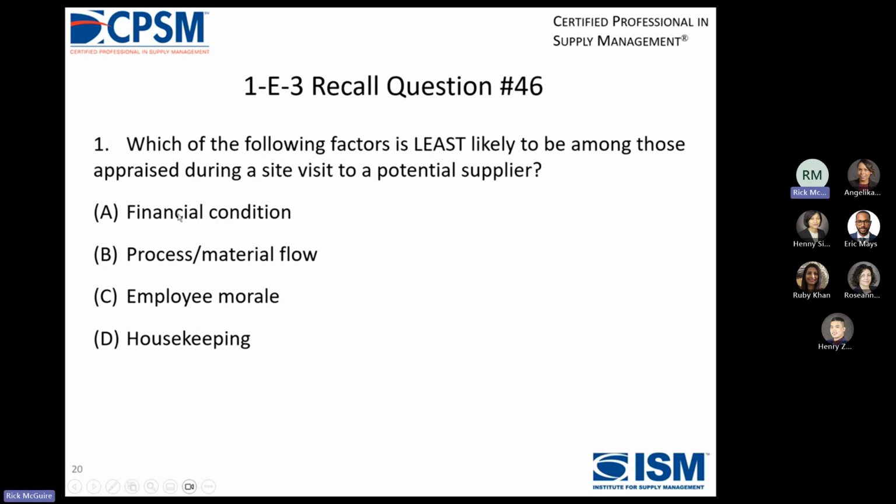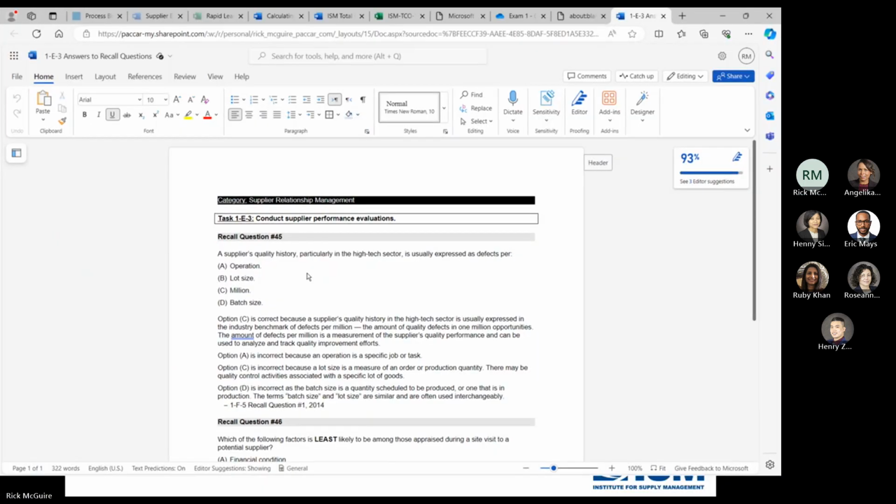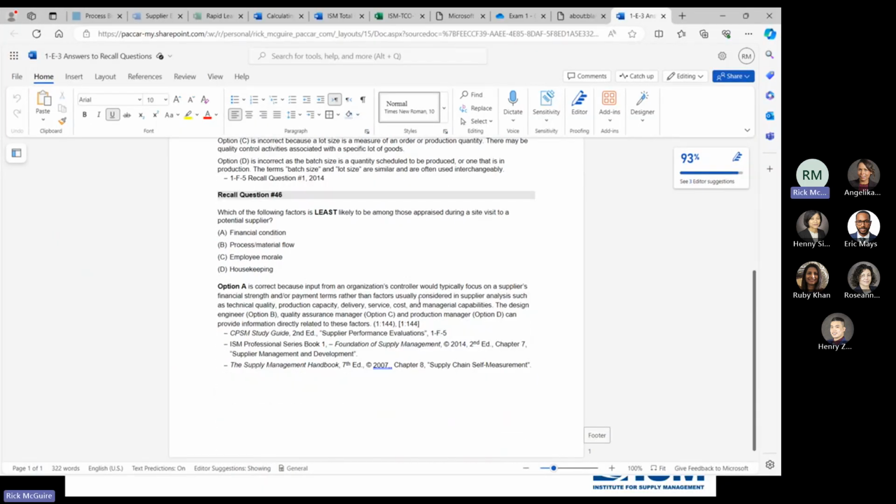And controllers would do that, or the accounting guys. All these things you probably should do. Let's see if that's the correct answer. A, yeah. Typically focus on suppliers' financial strength prior to you going out there, because if they have financial problems, you're not going to go.